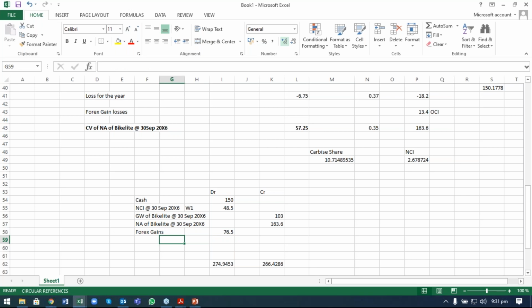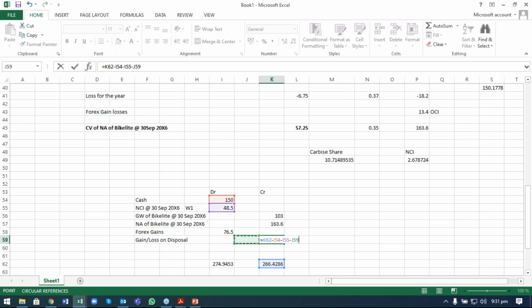And the last thing that should be the balance figure, that is gain or loss on disposal. So gain and loss on disposal should be the balance figure. How can we calculate? As the credit side is higher, so we need to consider this value minus this value minus this value.